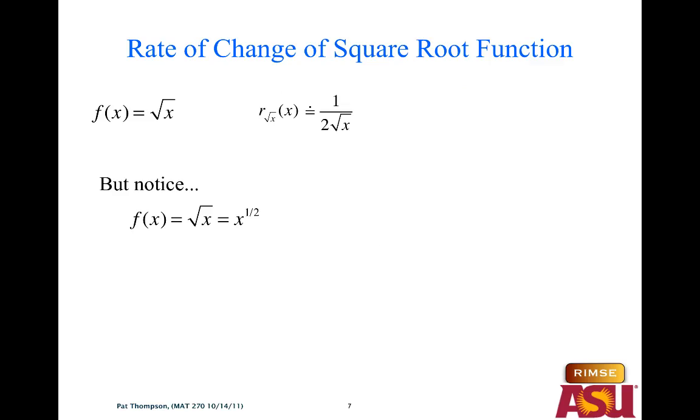What will the power rule be on x to the 1/2? 1/2 x to the, literally you subtract 1 from the exponent no matter what it was to start with. Positive, negative, fraction, whatever. You always just subtract 1. So you get 1/2 x to the negative 1/2. Is that the same as what we got deriving it the long way? Yeah, we got a 1/2, and then x to the minus 1/2 is 1 over square root of x.